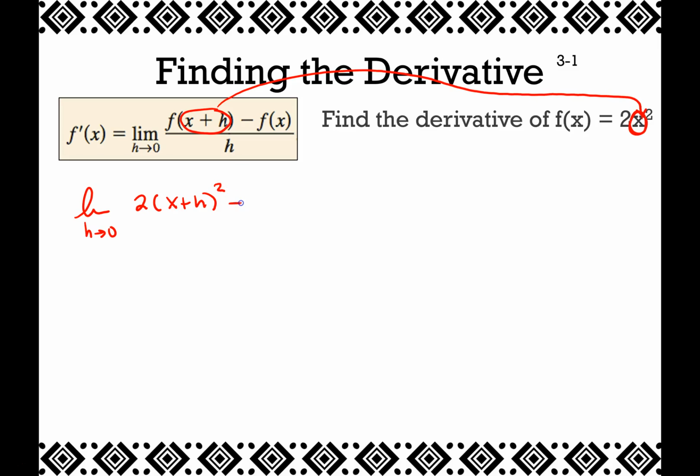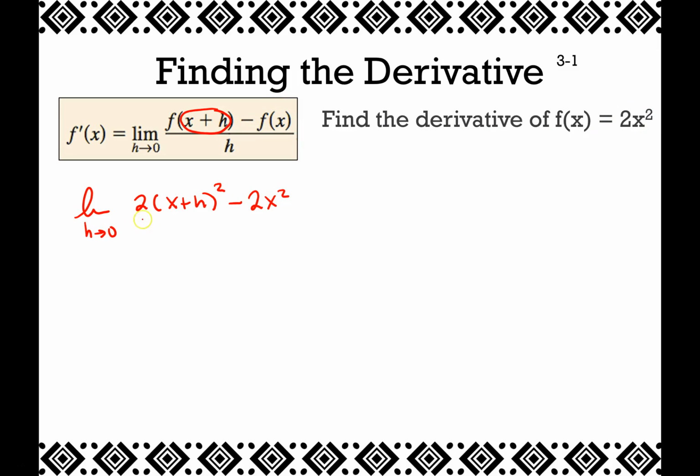Now, minus, and now you can think about putting an x in for every single thing. Or, what is f of x? Well, literally, f of x is this right here. So if I'm subtracting f of x, I'm just going to minus 2x squared, because f of x is this.